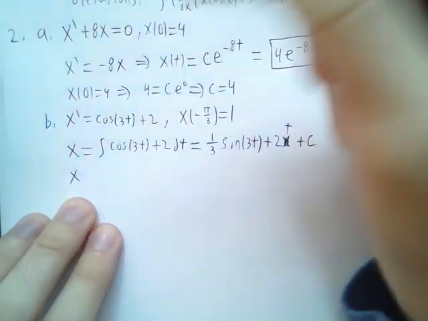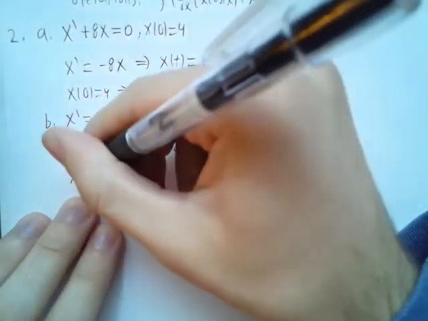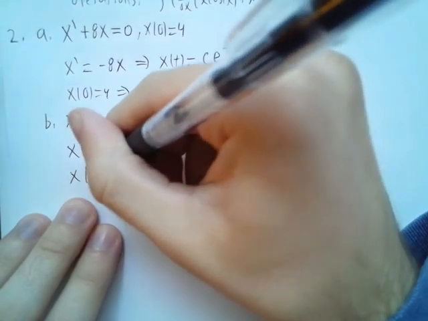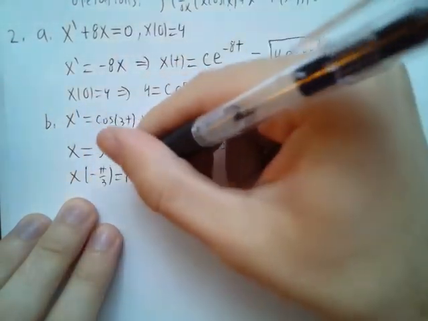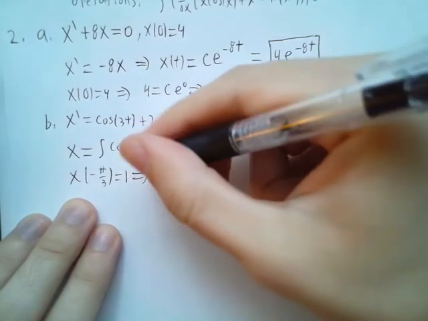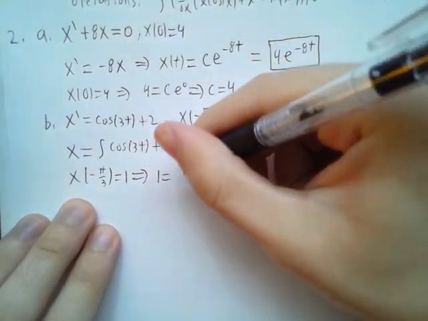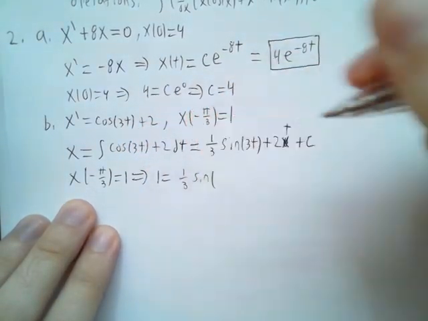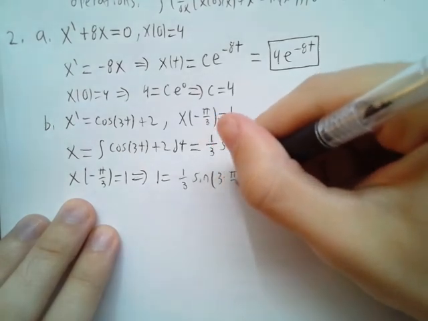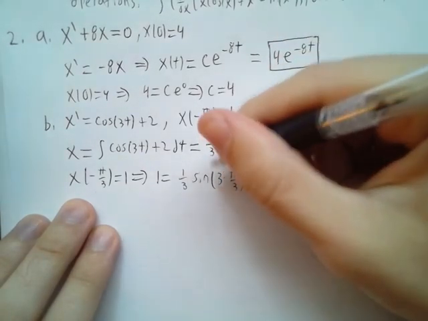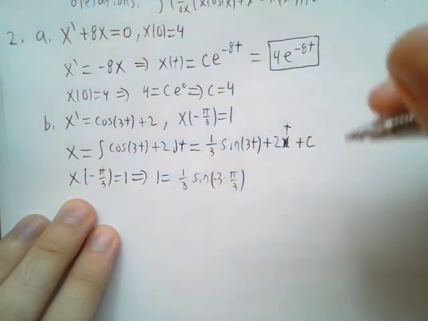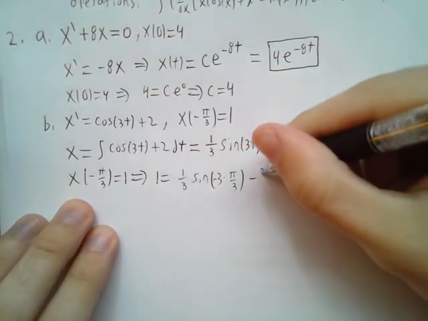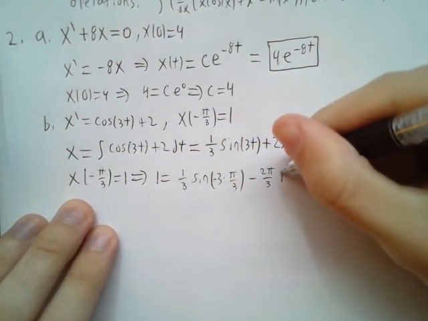So now, x of negative pi over 3 equals 1. This implies that 1 is equal to 1/3 sine of 3 times negative pi over 3, minus 2 pi over 3 plus c.